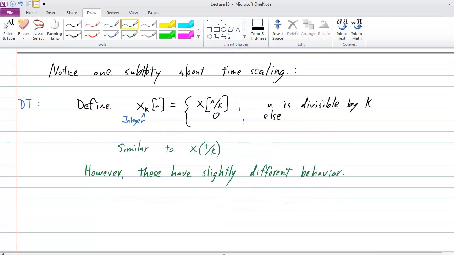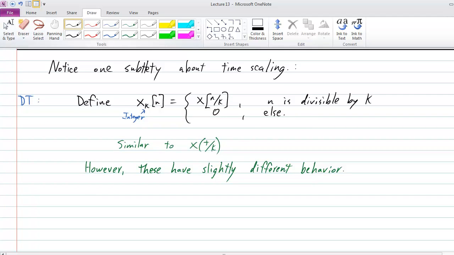Okay, what do I mean by that? Suppose we take a discrete time signal x. Let's look at what happens if we do x k of n, and we transform that to continuous time. Now I'm using this operation as if we do our continuous time representation of x k n, and we come up with something that we call x tilde k of t.